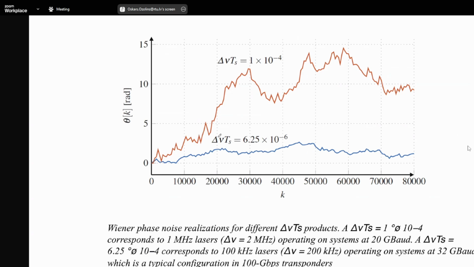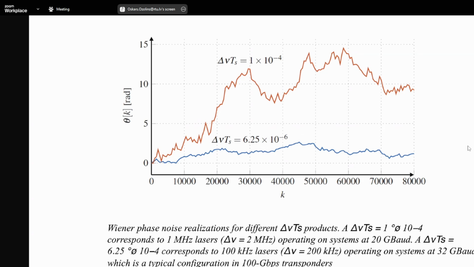You see that the phase noise variation is much larger in phase radians. And the phase noise is most critical when you have a system with a small symbol rate. If you have a higher symbol rate, then the phase noise is less of a problem.